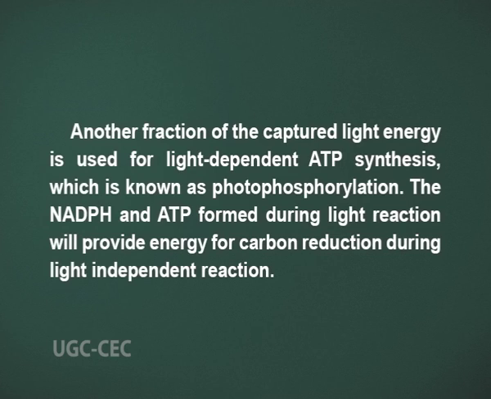Overall, the captured light energy is used to reduce NADP+ to NADPH. Another fraction of the captured light energy is used for light-dependent ATP synthesis, which is known as photophosphorylation. The NADPH and ATP formed during light reaction will provide energy for carbon reduction during the light-independent reaction.